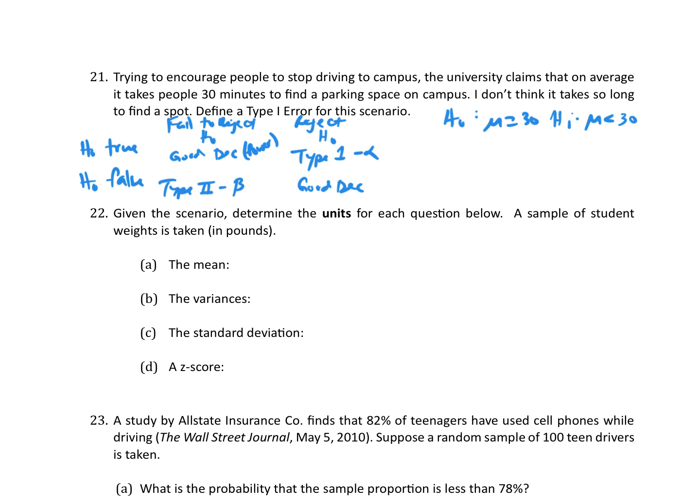Now, define a type 1 error for this scenario. So type 1 is we reject H0, but H0 is true. So that means we say it takes longer than 30 minutes when it takes 30 minutes or less. Did I say that backwards? Hold on. It should be shorter. Sorry.